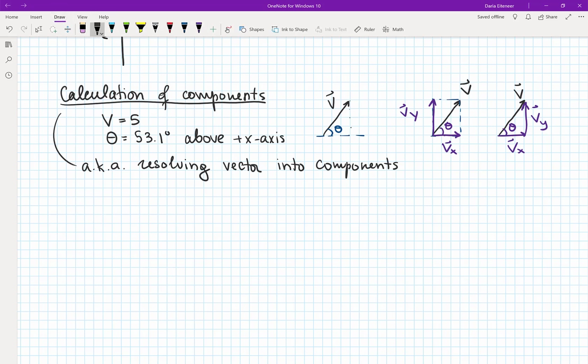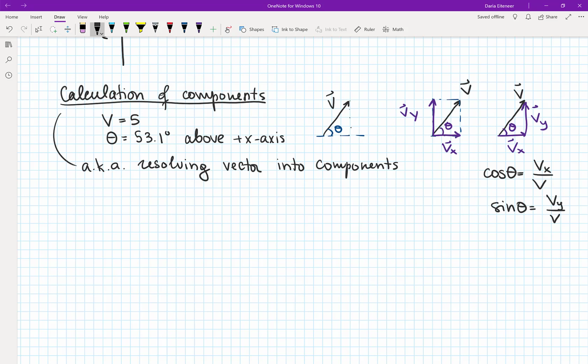Okay, so again, let's just stick with that triangle that I have there. From that triangle, I could write cosine theta is equal to Vx over V, and sine theta is equal to Vy over V. Notice that I'm writing V here as a magnitude, not as a vector, because all I'm doing is writing adjacent side over hypotenuse or opposite side over hypotenuse.